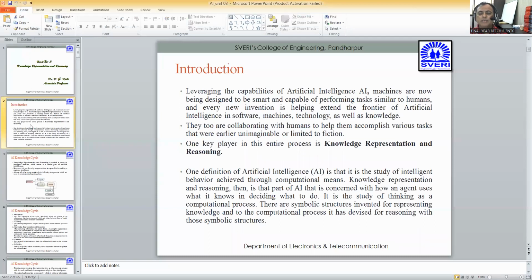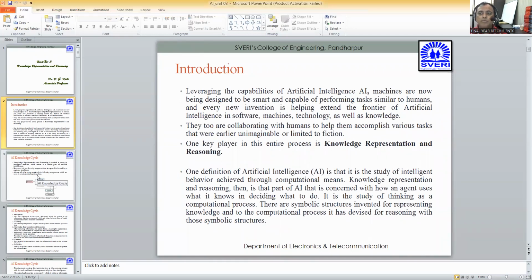There are symbolic structures invented for representing knowledge. Now, if I have knowledge, show me how the knowledge is. So there should be some kind of representation. So there are symbolic structures invented for representing knowledge, and computational processes devised for reasoning with those symbolic structures.